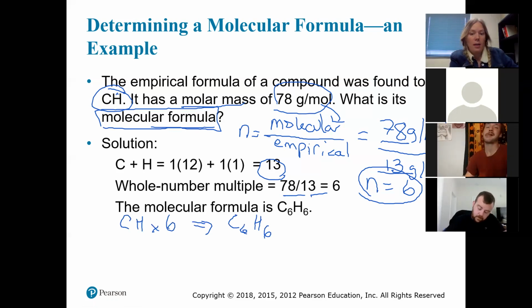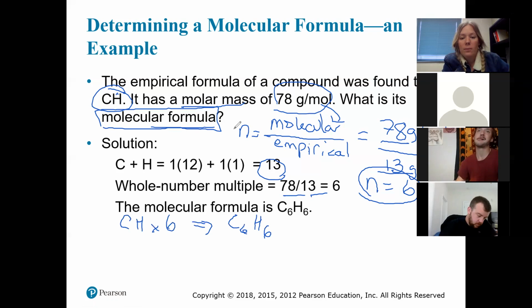Any questions on that? The slides don't give you this formula here, so have that accessible somewhere. Your N value should always be a whole number, so it should always be the bigger number divided by the smaller number. If you forget which is the molecular and which is the empirical, you're going to have two numbers, so make sure the bigger one's on top.